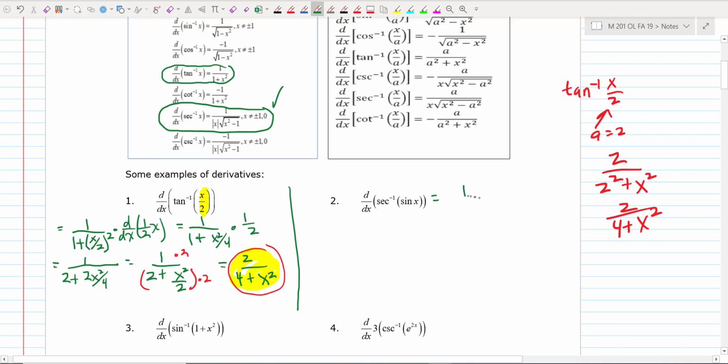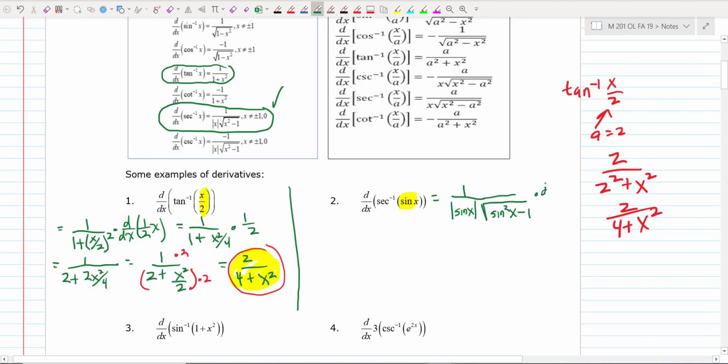We say 1 over the absolute value of x, but the thing is we have a function, so what's going to go there is the sine of x. So don't put in absolute value of x, put in sine of x. Then again, we have the square root of x squared minus 1. Well, this should be sine squared x when you plug that in, minus 1.